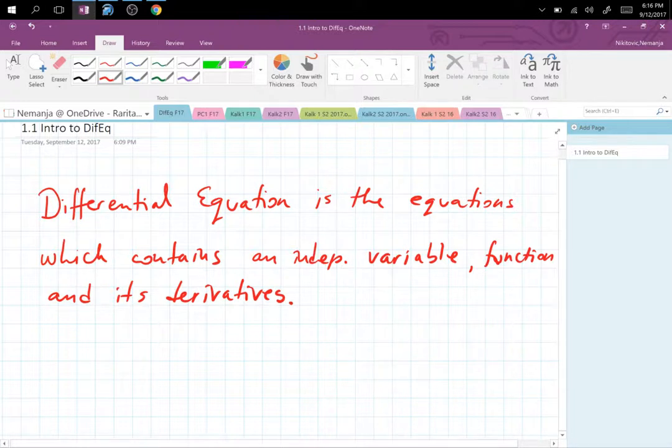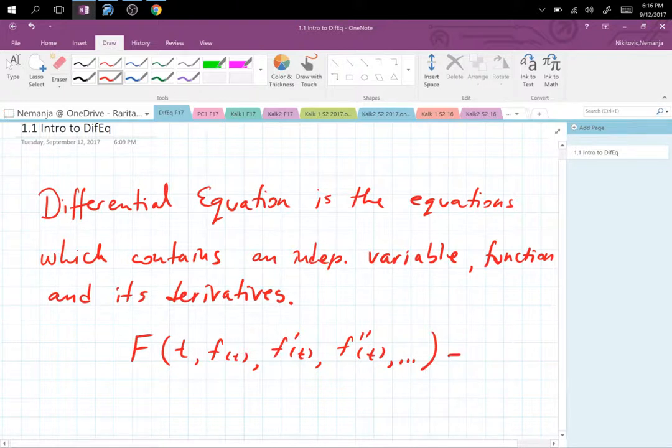Generally, I would say F of t, f of t, f prime of t, f double prime of t, dot dot dot, equal to 0. If you took Calculus 3, you are familiar with the multivariable explicit form to write a mathematical equation.